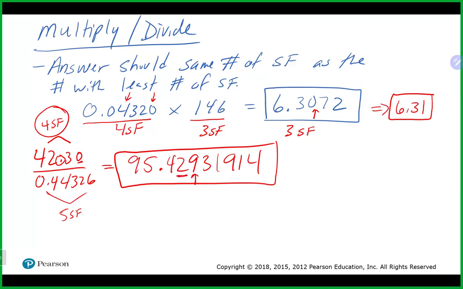Looking here, that is a 9, which means we do need to round up, and we should end up at 95.43 as our answer in terms of proper number of significant figures. So again, if you multiply or divide, it is the number with the least number of significant figures that determines how many your answer should have. Any questions on that there?